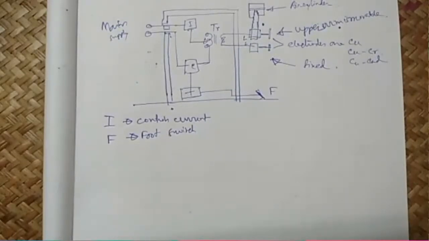Now when you press the foot pedal, then initially the compressed air moves the piston, and the upper arm or the upper electrode gives pressure to the job, and when sufficient pressure is achieved, then current flows, and then the circuit breaker breaks the current, and then these electrodes squeeze, that is, keep the pressure the same.